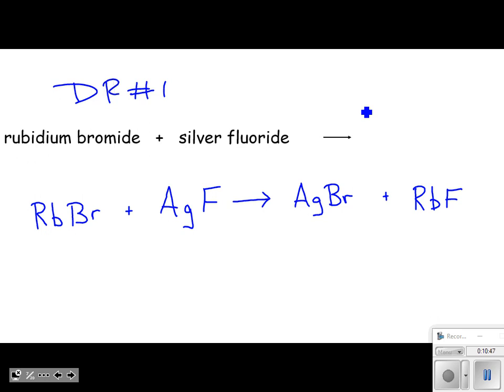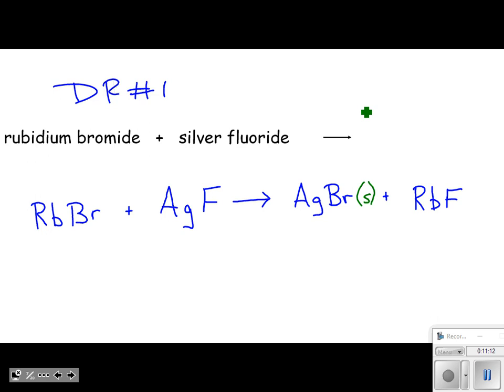Step B says to check the solubility of the products. So I'm going to go through and check AgBr, silver bromide. Gives me an I, correct? So that tells me that it is a solid. It's insoluble.